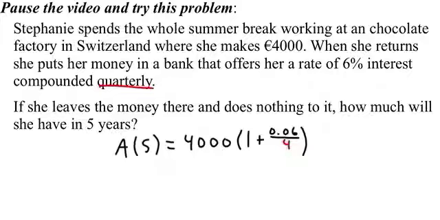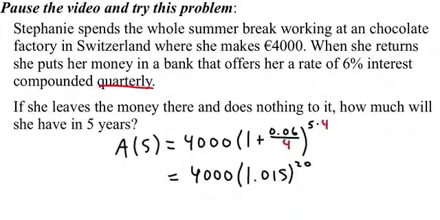Now to the power of, and it's after 5 years, so 5. But now I have to multiply that 5 times 4 because every year I'm going to get paid 4 times. So really, over 5 years, I get paid 20 times. All right? And then I can simplify this, and this just becomes 4,000 times 1.015 to the power of 20. Right?